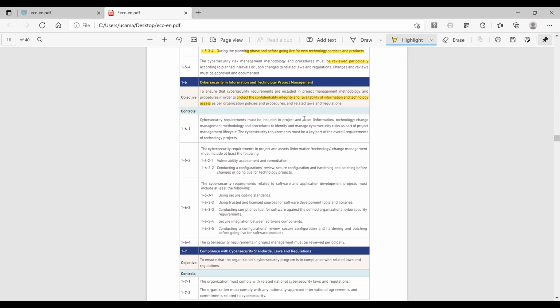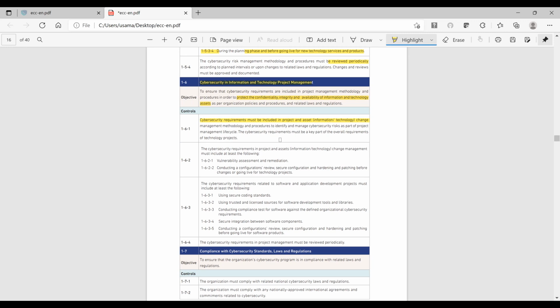As usual, you will find that cybersecurity must be included in project and asset change management. You must have the required security requirements.